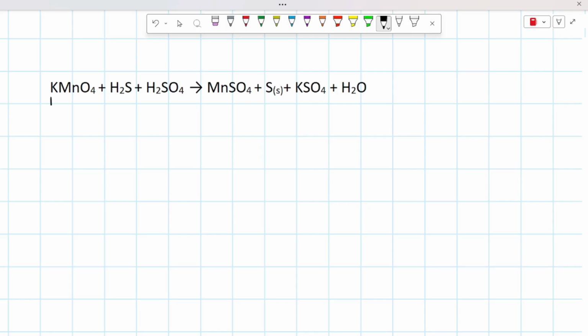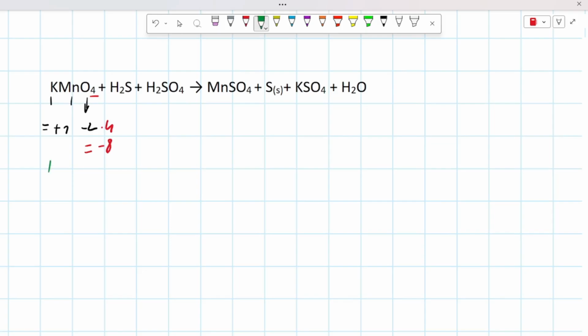So K is equal to +1 because it's in the first group. Manganese, we don't have a rule that tells us directly what it is equal to, but we know that oxygen is -2, and here, very important, we have 4 oxygen, so that will be -2 times 4, which is equal to -8.